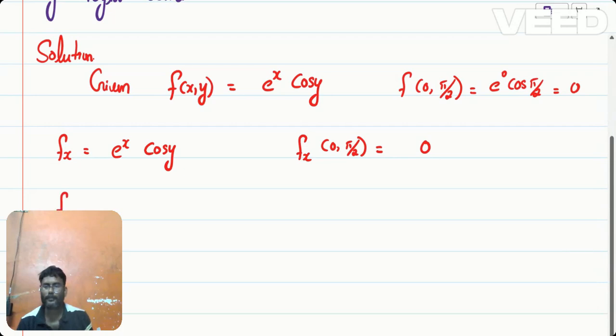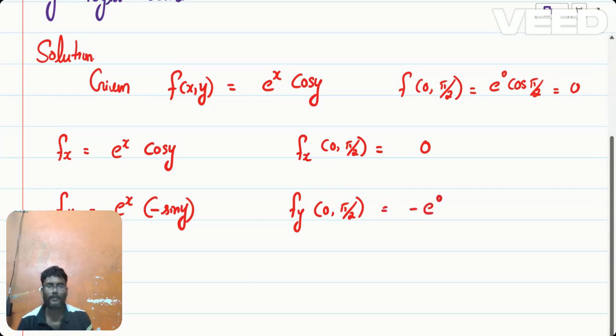Next, f y, the derivative, will be e power x cos y; by differentiating I will get minus sin y. Next, f y of 0 comma pi by 2 will be equal to minus e power 0 sin pi by 2, which is equal to minus 1.